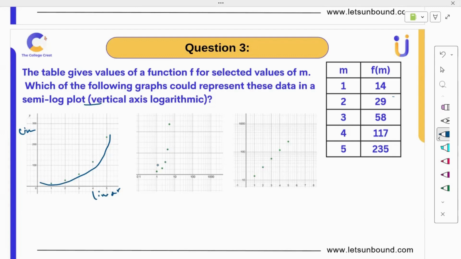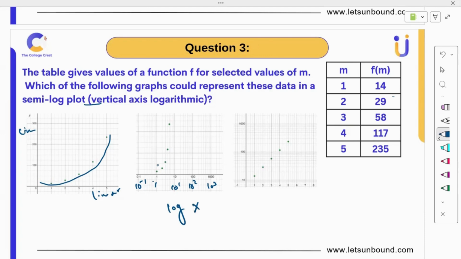So what about this one: 0.1, 10 power 1? You can write 10 power negative 1, 10 square, 10 cube. This is multiplying, right? It's not adding. Adding means linear. So this represents a log scale, but I want the vertical axis to be log, so it's not this.